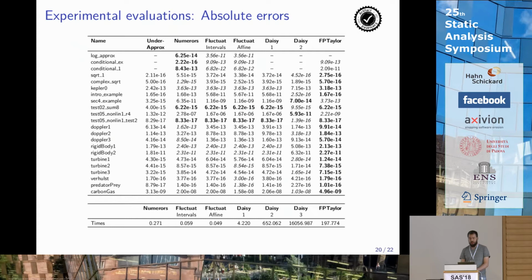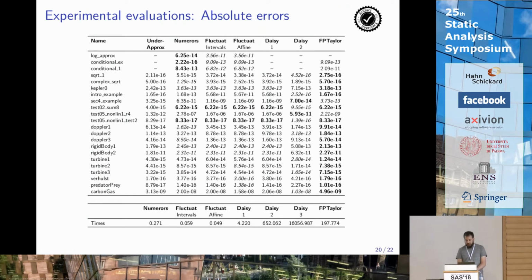It was expected because there are conditions in them. In particular, the first one is a loop that computes an approximation of a logarithm. And the two other benchmarks are conditions like in the introduction example. It shows that our technique is really good to evaluate absolute errors on conditions.